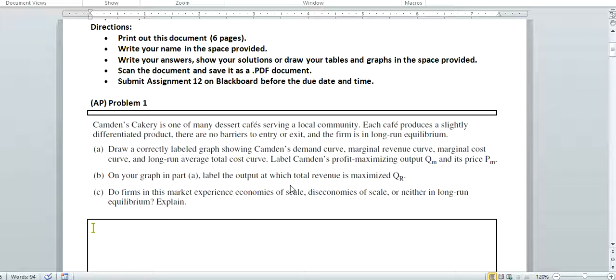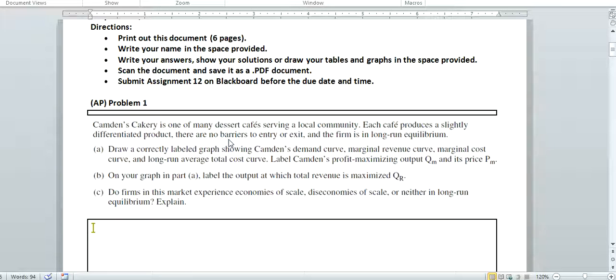So we know because of the description that this firm is in a monopolistic competition situation, mainly because the products are slightly differentiated and there are no barriers to entry or exit.